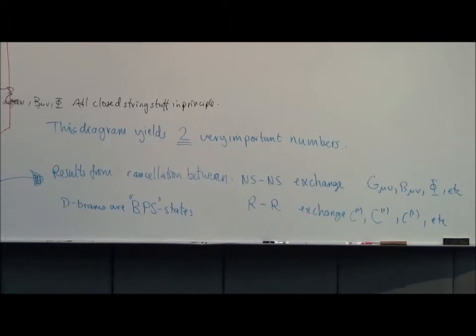What that means, especially for discussions, for example, like duality, is that if you know the BPS spectrum at weak coupling, it's going to be the same spectrum at arbitrary values of the coupling.